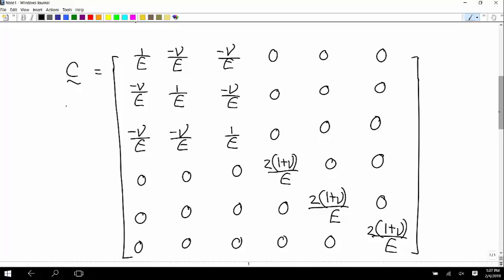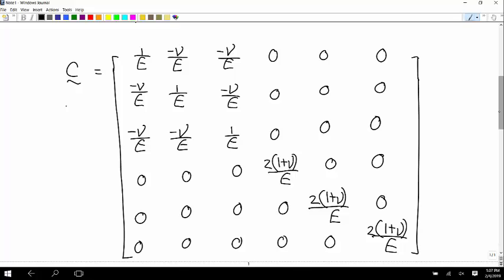So the only stress elements that come into EXX are the three normal stresses. Everything else is multiplied by 0, so it doesn't come in.